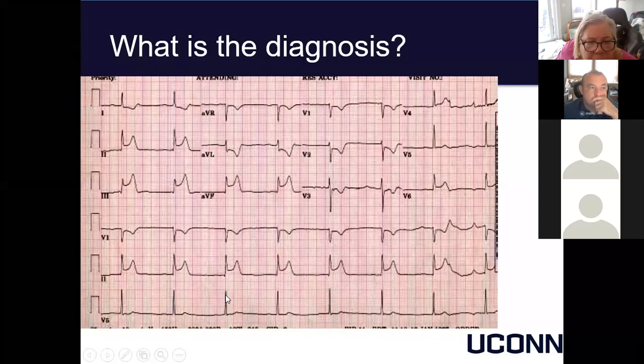I didn't count the rate. I broke my own rule. So this is pretty slow. It's less than 50. So I think it's a sinus bradycardia with some good ST elevations there.